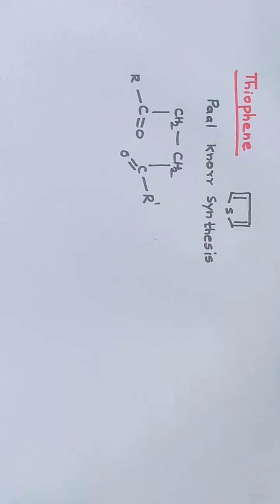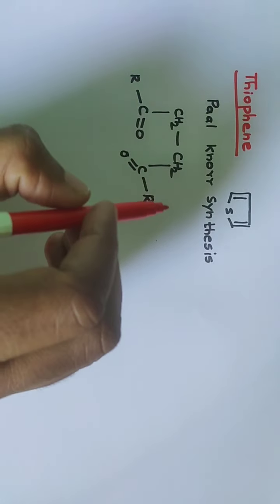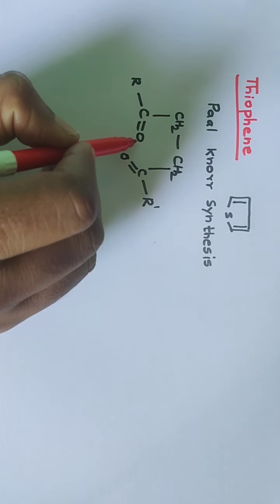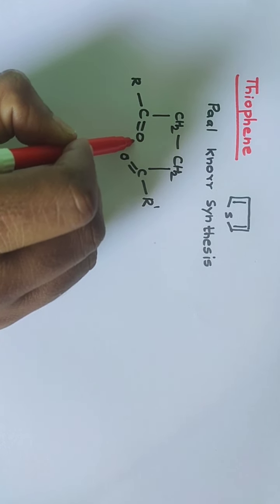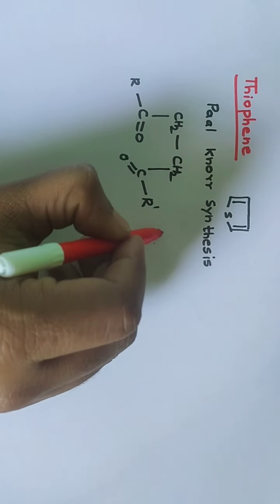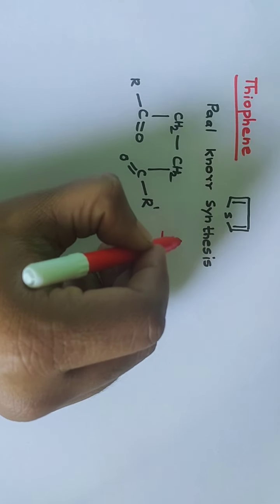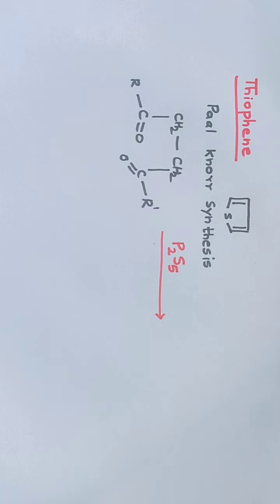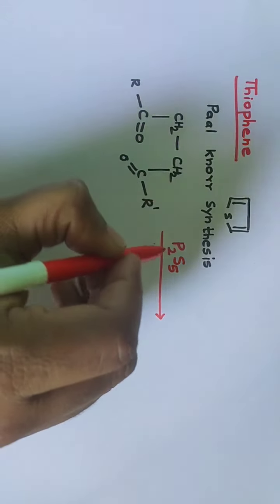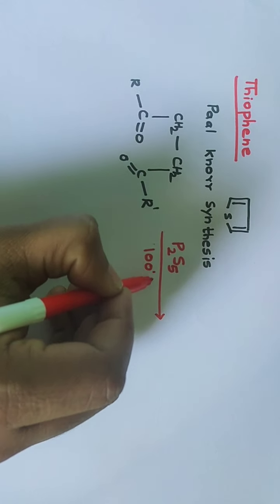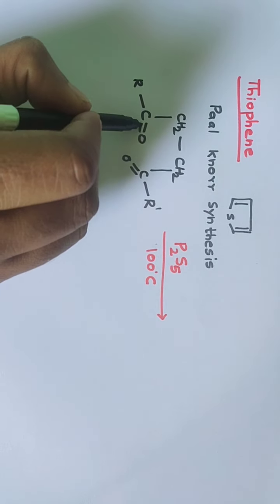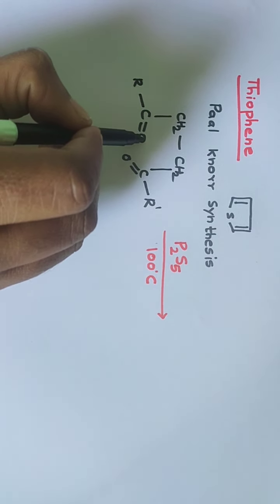What we want here is this thiophene. So that means I want sulfur to be introduced here. So this molecule is treated with P2S5, phosphorus pentasulfide, at 100 degrees Celsius. Initially this C double bond O gets replaced by sulfur.